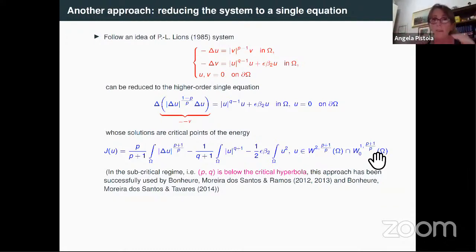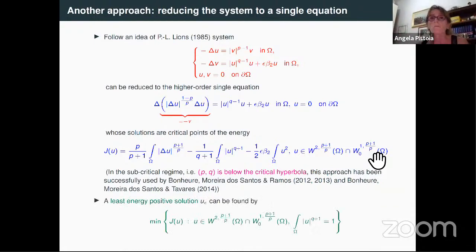Okay, now having in mind this point of view, the easiest critical point one can find is a least energy solution. Indeed, it is possible to prove that J constrained on the unit sphere in L^{q+1} has a minimum.